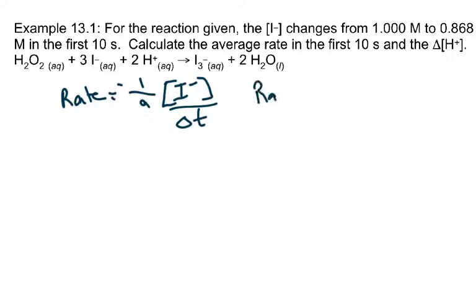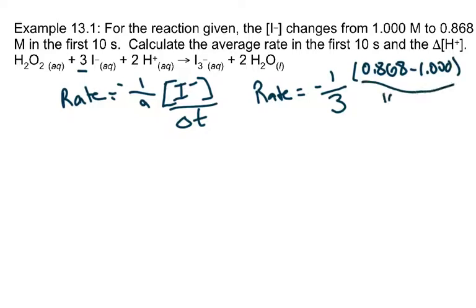So our rate at this point in time is going to be -1 over 3, because our coefficient in front of our I minus is a 3, times our 0.868, our final, minus our initial, over our change in time, which is 10 seconds.